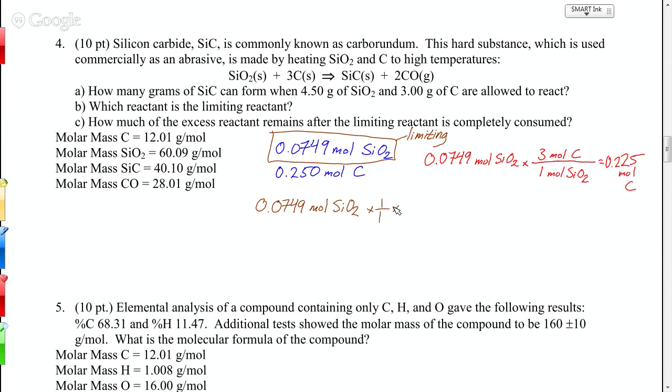And then we can convert that back to grams, where we're given 40.10 grams per mole. And what do you come up with?